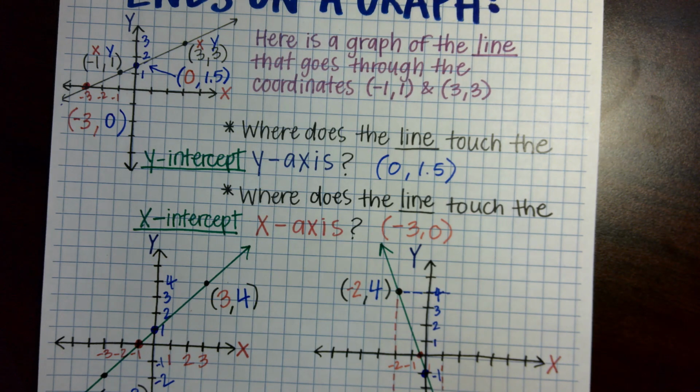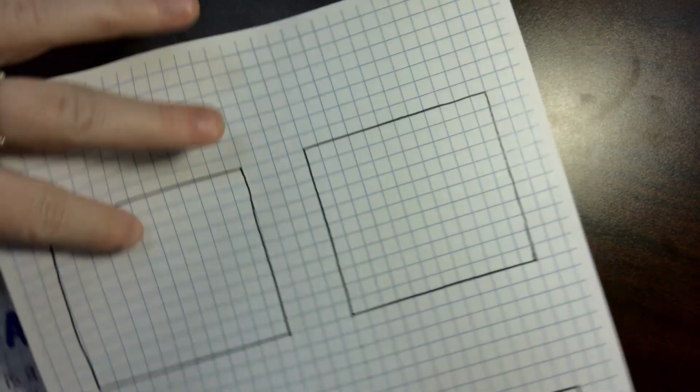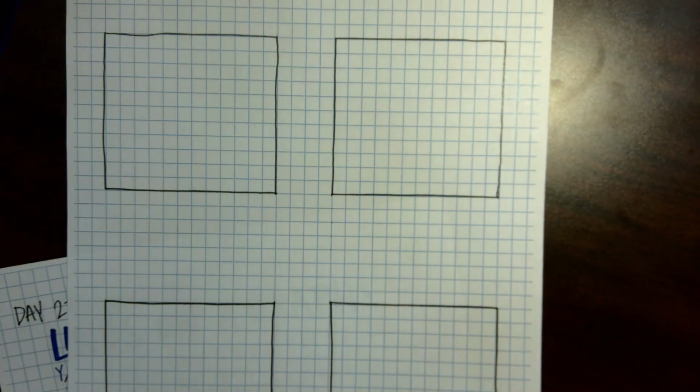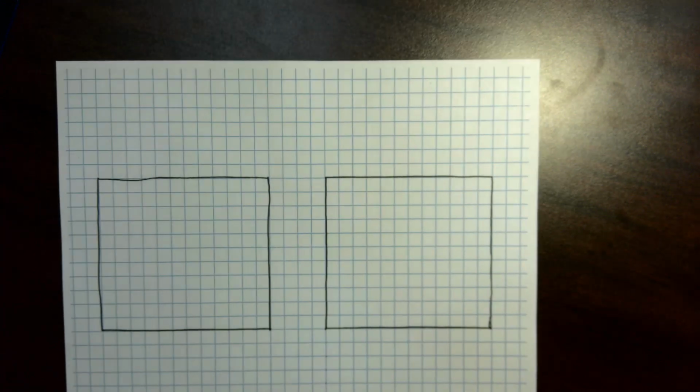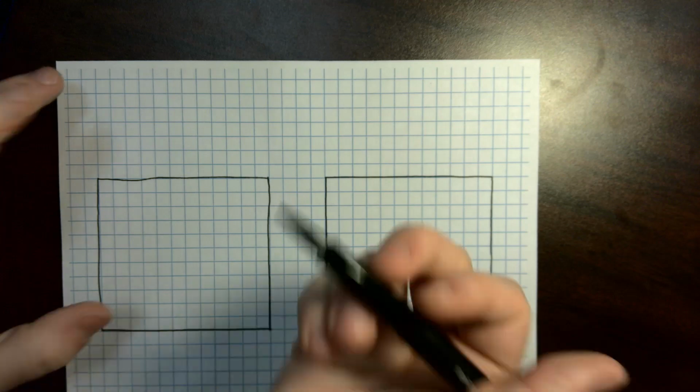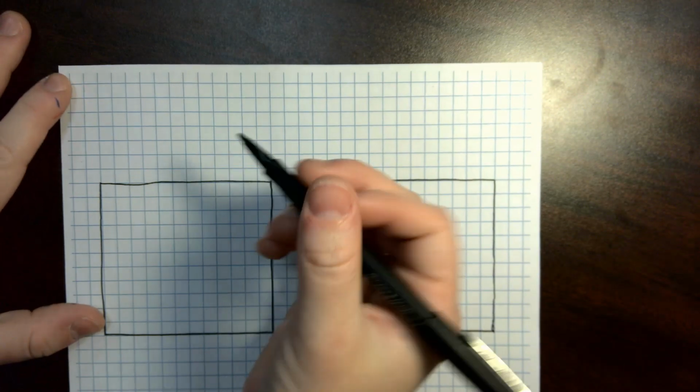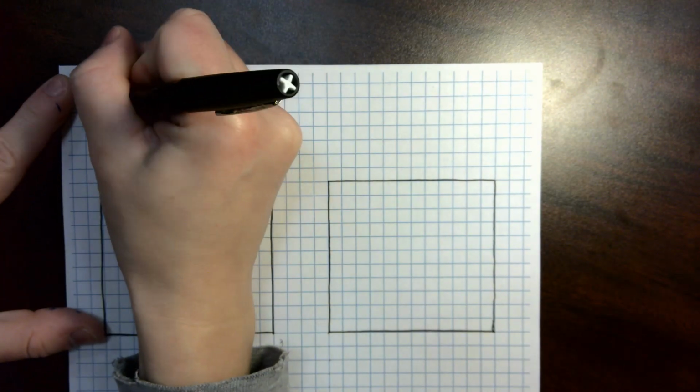So here is some graph paper I made for you. It's double-sided. And I'm going to put it up on the screen. And here's what we're going to do. We're going to practice drawing our x and y axes. So if you like to keep your notes organized, if you want to label this so that you know which day it goes to, I'm going to write day 27.